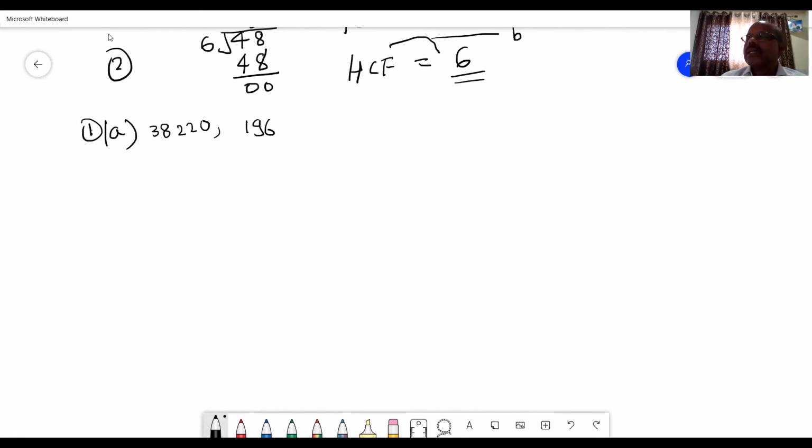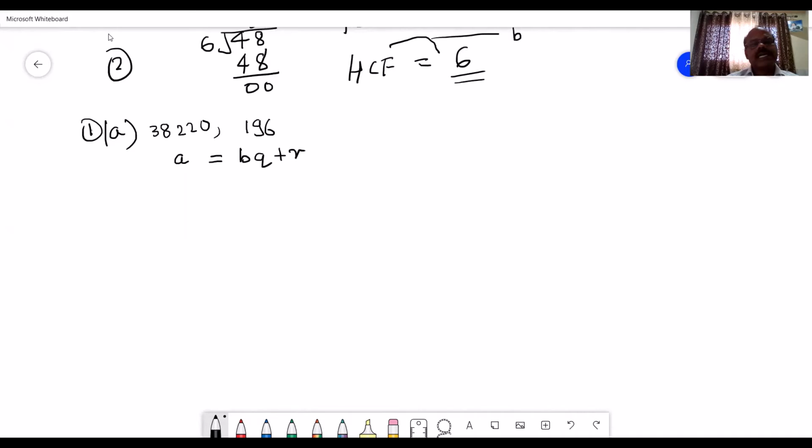We have to find out the HCF, otherwise highest common factor, of these two numbers with the application of Euclid lemma. For the equation we know, A is equal to BQ plus R, we have to write these two numbers in this way.